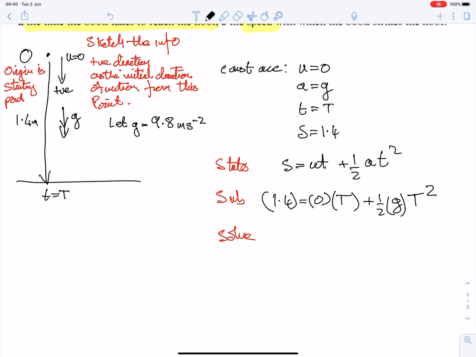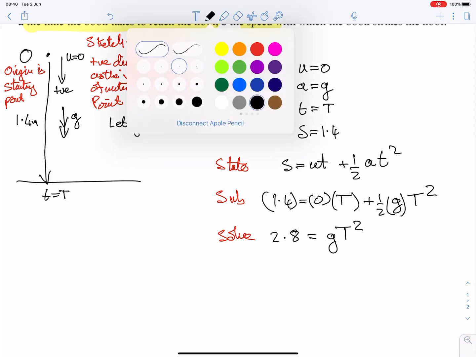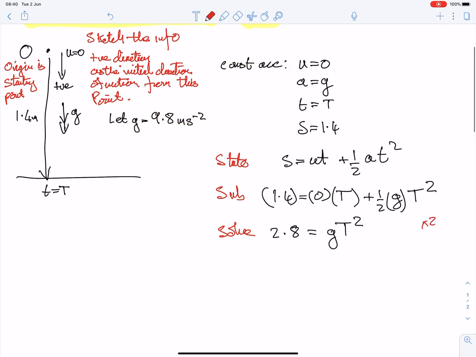So, usual approach, equation with a fraction, multiply by the denominator. So we've got 2.8 is equal to gt squared, multiplying through by 2, which happens to be the denominator on this occasion.